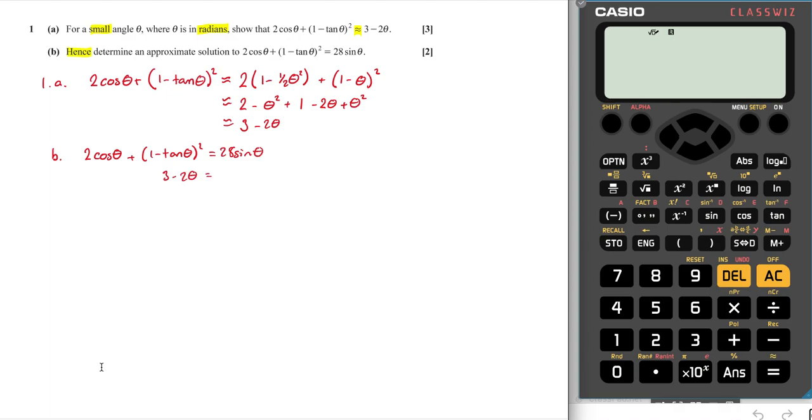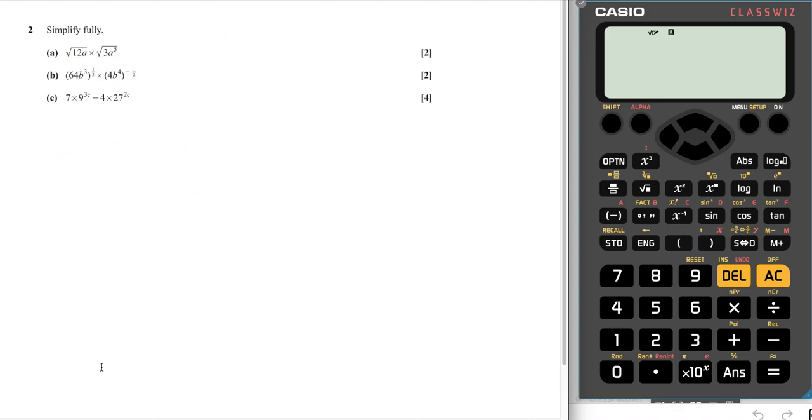The right, sine theta, is also theta, so that can be 28 theta. I can then solve that, so I've got 3 is equal to 30 theta, so theta is 3 over 30, or rather that theta is a tenth. That's good enough. It's small, so that will be a good enough solution for us.